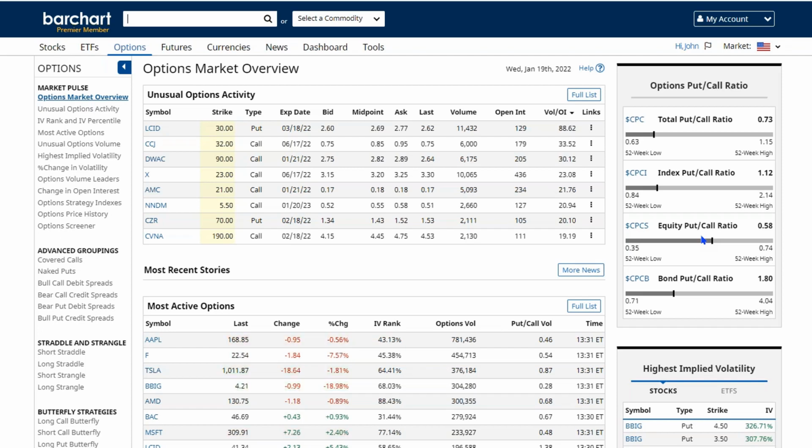Typically, when you get above about that 0.70, that is definitely a bearish indication. And for the indexes, it does look like they're buying more calls today. Again, they might be buying dips. But this one has been carrying a much higher put-call ratio, about 1.5 or 1.7. Right. So that's another way we can look at market momentum.